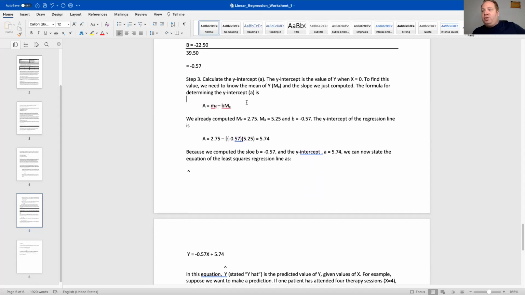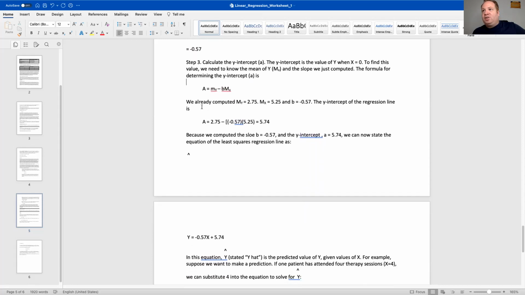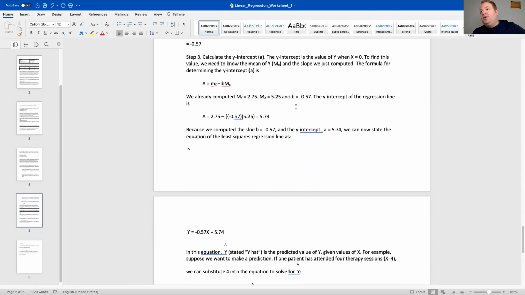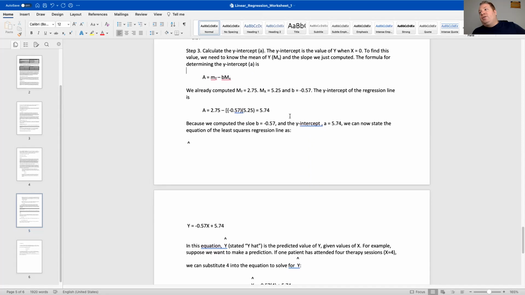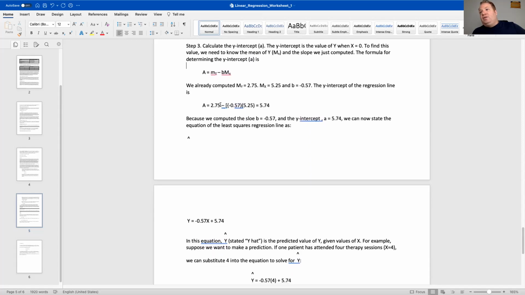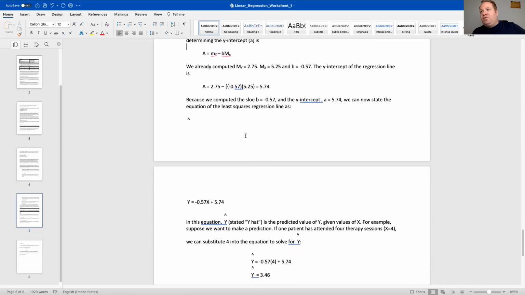The formula for determining the y-intercept a is equal to My minus b Mx. We already computed that My is equal to 2.75, Mx is equal to 5.25, and b is equal to negative 0.57. So a is equal to 2.75 minus negative 0.57 times 5.25, which is equal to 5.74.